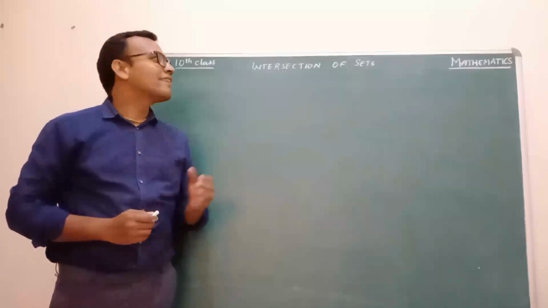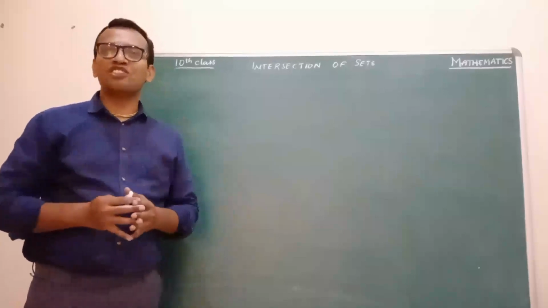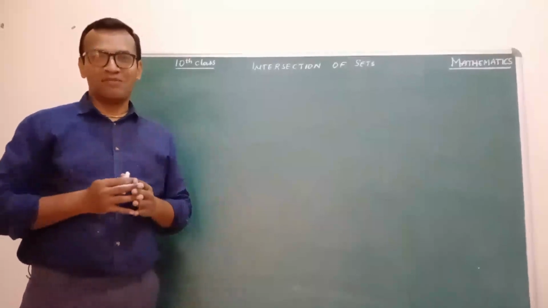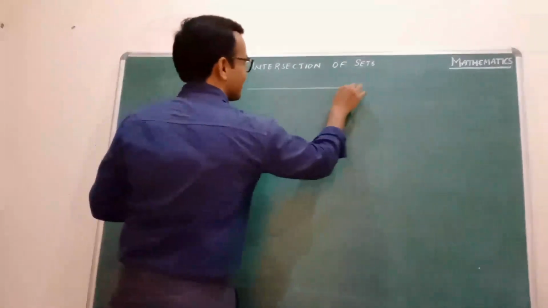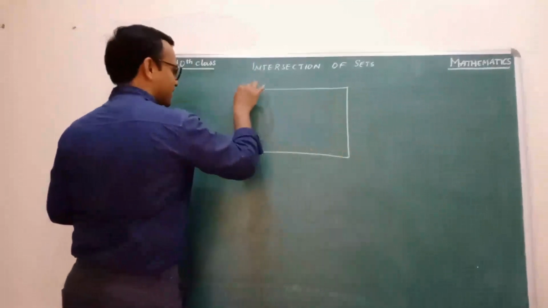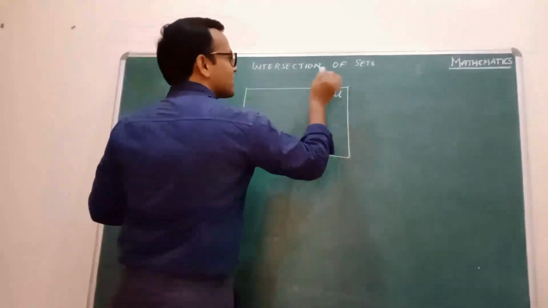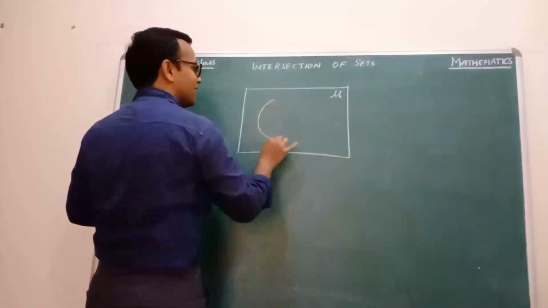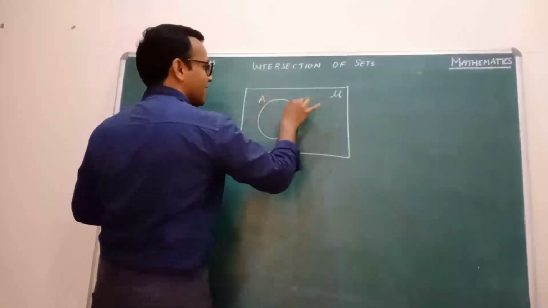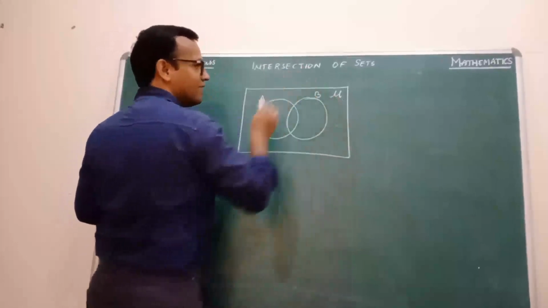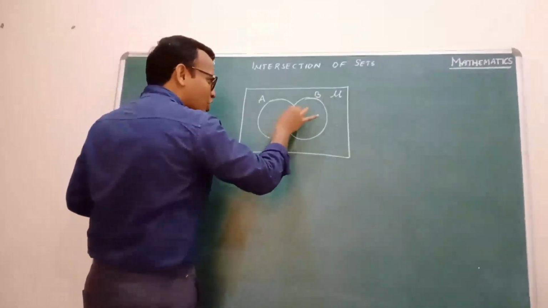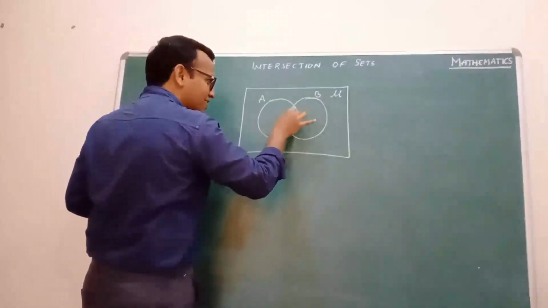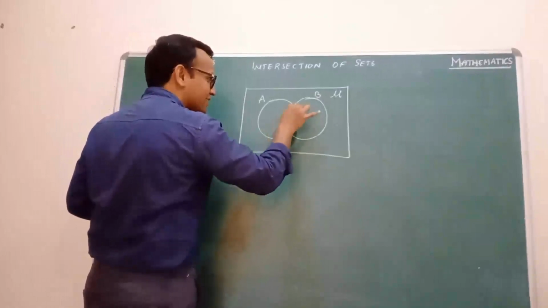So children, we will see the intersection of sets in Venn diagrams. Let us illustrate intersection in Venn diagrams like this. Generally, a rectangle is taken as the universal set mu, and there is a set A and set B. Now, the intersection is this area where the common elements are present.